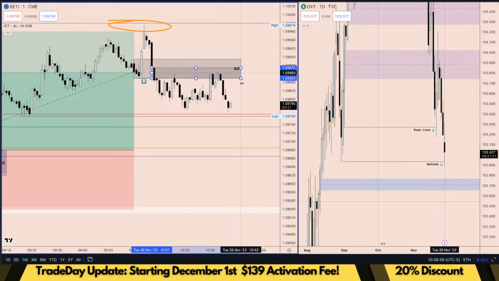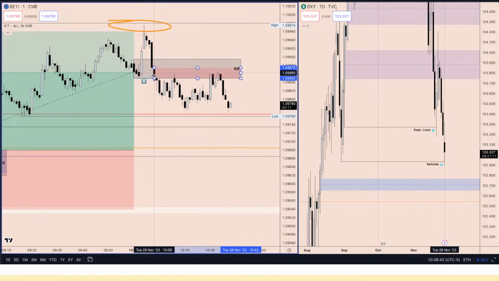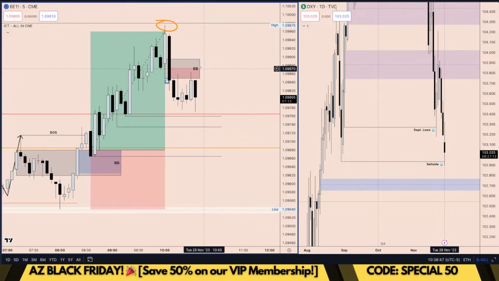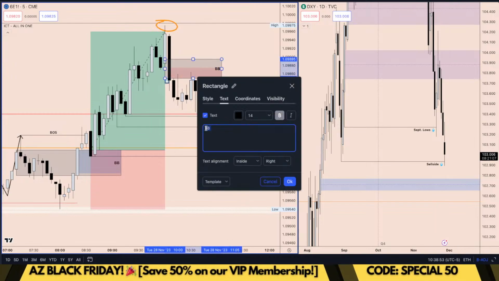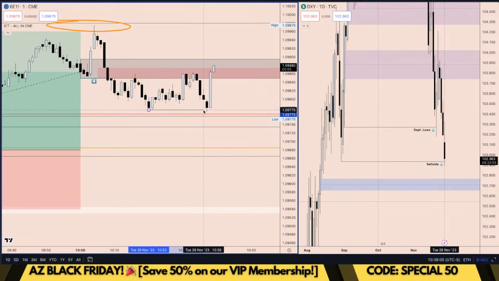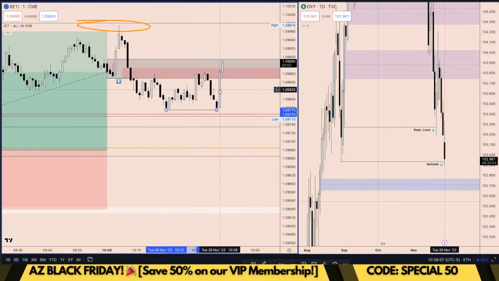Paired with the bearish fair value gap. See that? How quickly we took out this low and how basically no time at all it took us to reverse back up into our breaker block.